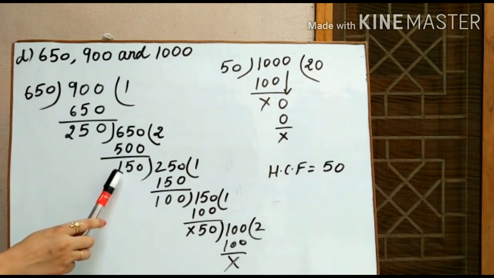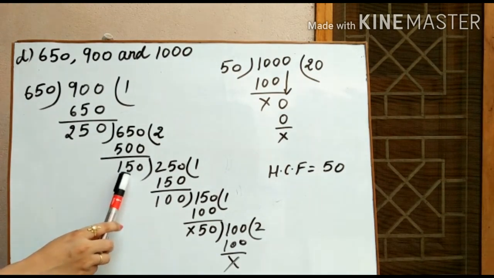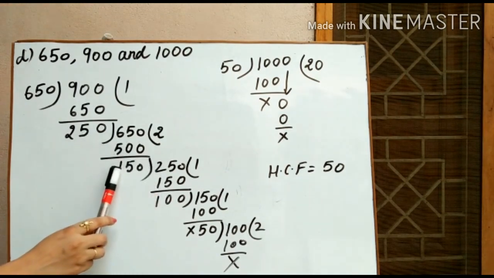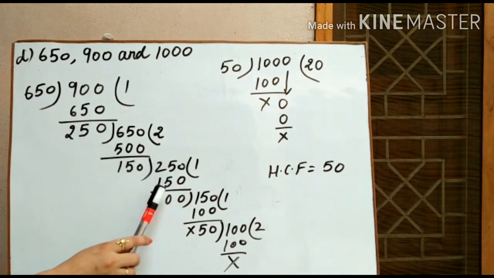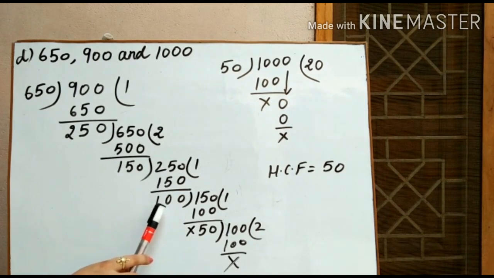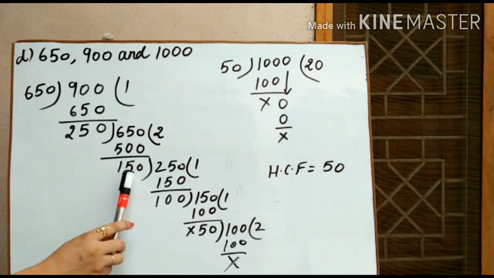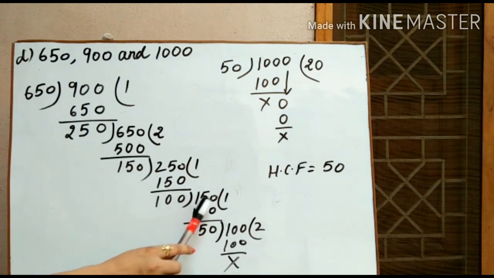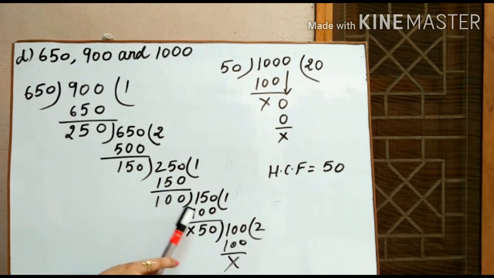After subtraction we will get 150 as remainder. Now it is divisor and this one is dividend. 150 1 ja 150. 100 is remainder and this 100 become divisor and this 150 will become dividend. 100 1 ja 100. After subtraction we will get 50 as remainder and we will write 100 here as dividend.